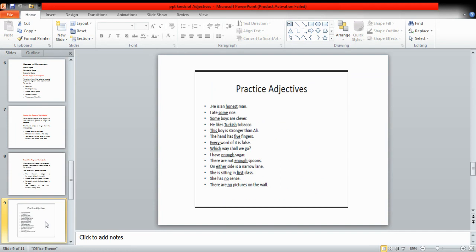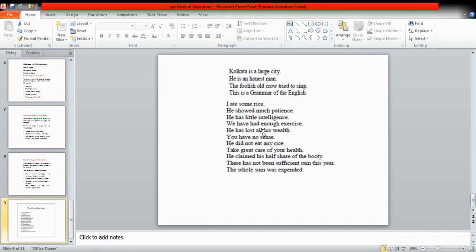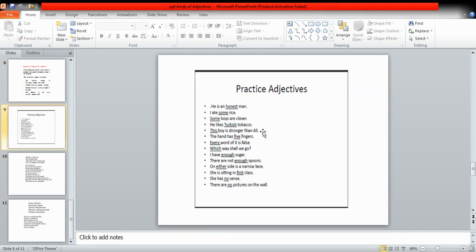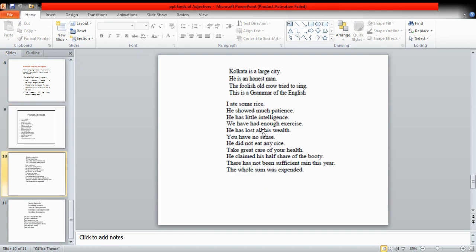In the next lecture, inshallah ta'ala, we are going to practice the adjectives. I have selected all these sentences from your past papers, from your MCQs, and inshallah ta'ala, in the next lecture, we are going to discuss them one by one, and I'm going to tell you their answers with the help of discussion.